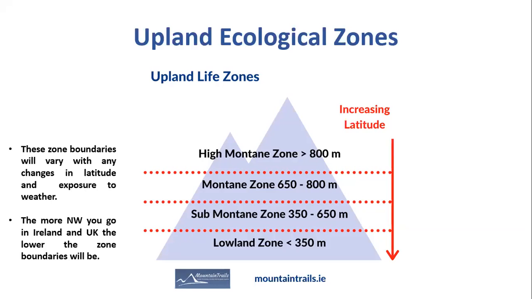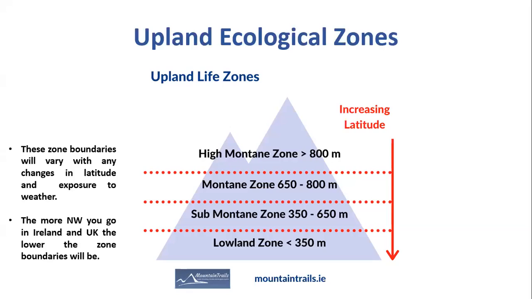And these zone boundaries will vary with changes in latitude and exposure to harsher weather. So the zone boundaries will lower with increasing latitude, the more north you go, effectively.